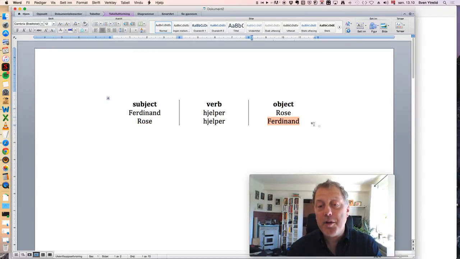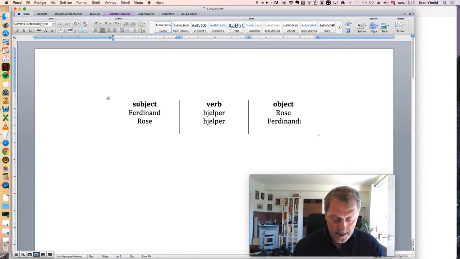Now this small recuperation is just to remind you of the basic structure. If we put in a name on the subject place and a name in the object place, or we put in a noun, we can put in any noun, like for instance we can say boka, the book, hjelper Rose.